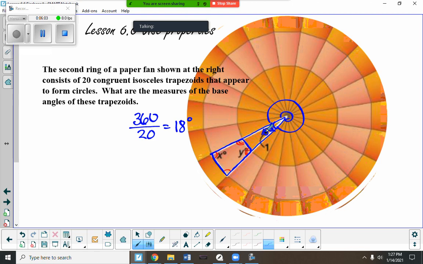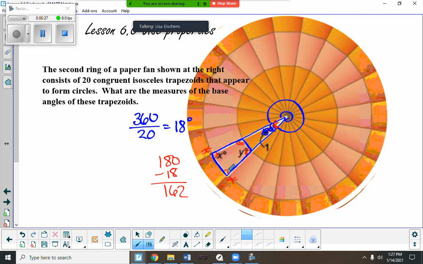So 18 degrees. And then in a triangle, remember, the three angles, this one and this one, all three of them add up to 180. So we would take 180 minus 18, that would be 162. And so what's left over? These two here and here have to equal 162.